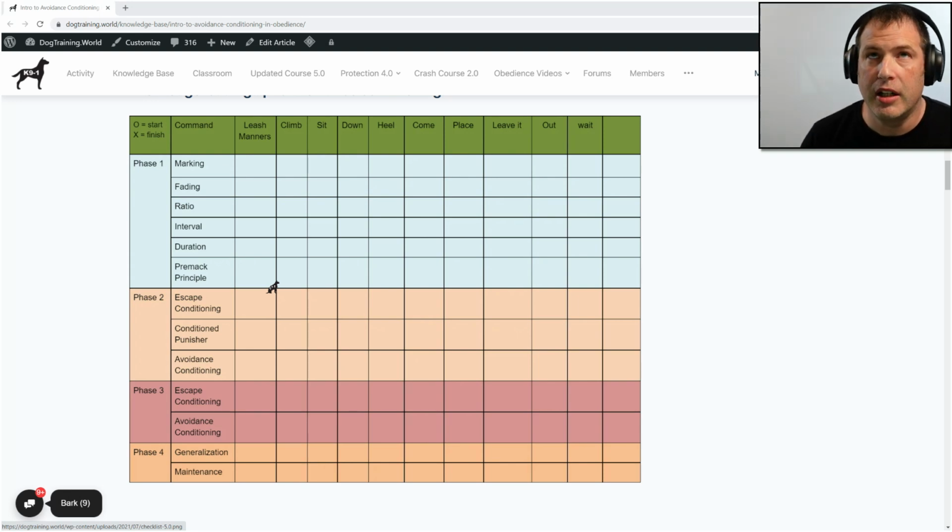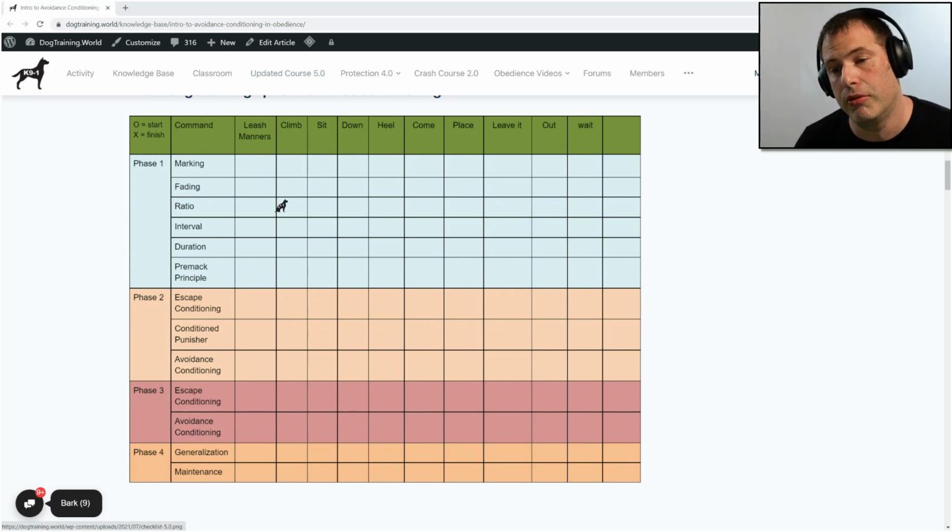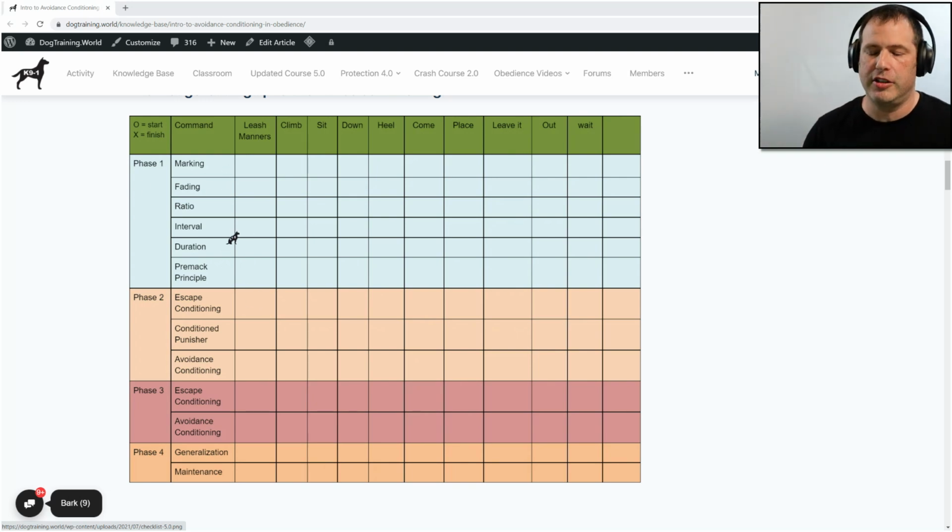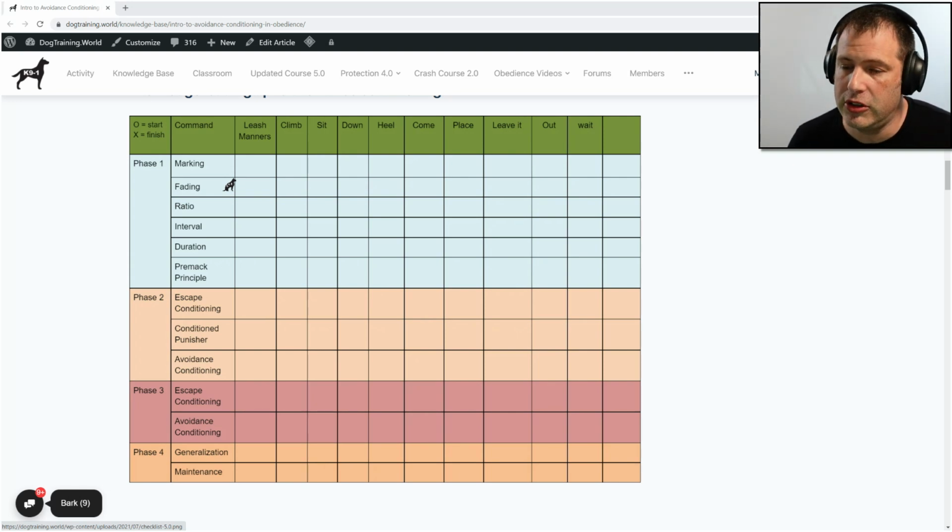You cannot avoid the side effects that I say will not happen if you do not follow the steps. The best way to be good at phase 2 and using punishment is to first be an expert at using phase 1, which is all positive reinforcement and understanding how to motivate the dog to do the behaviors simply because they want to do the behaviors. So don't skip the steps.